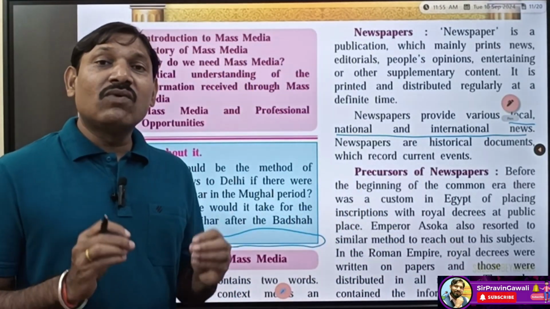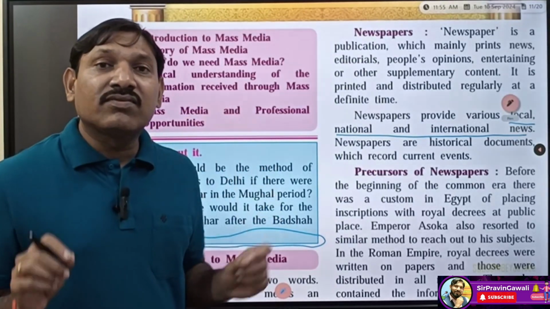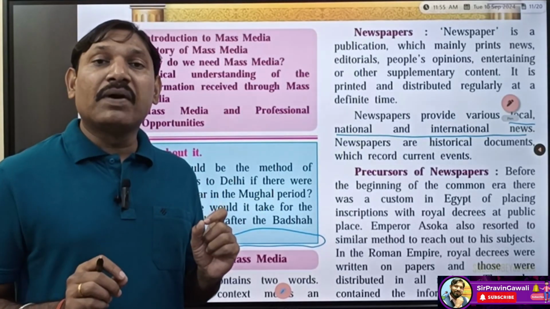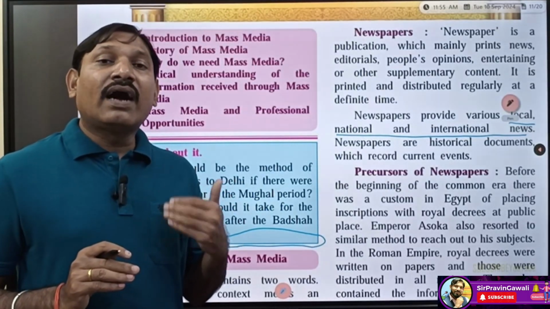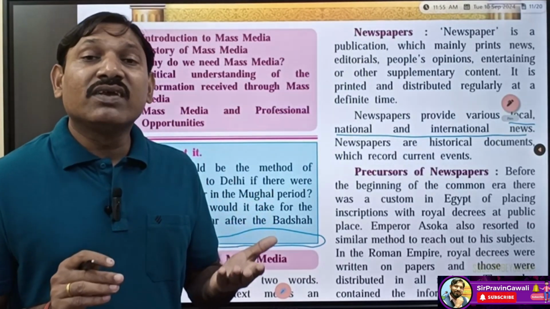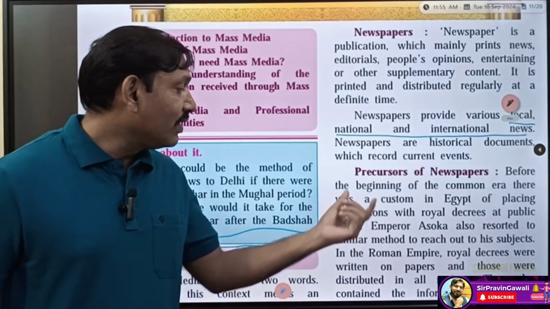In Egypt, if they wanted to communicate with the people, the inscriptions were put in public places so that they could announce whatever they decided, the agreements, the policies, with the help of inscriptions.